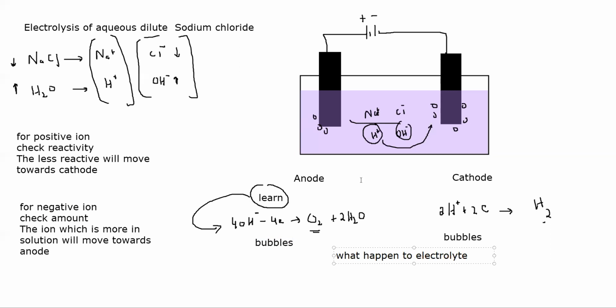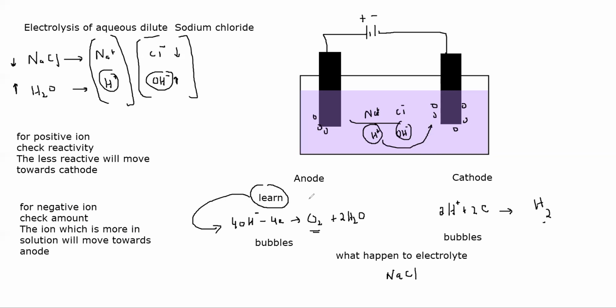And what happened to the electrolyte? As you remove hydrogen ion and hydroxide ion, both are removed. So you are left with what? You are left with sodium chloride. Because you remove H and OH, hydrogen is removed and hydroxide is removed, so basically water is removed.